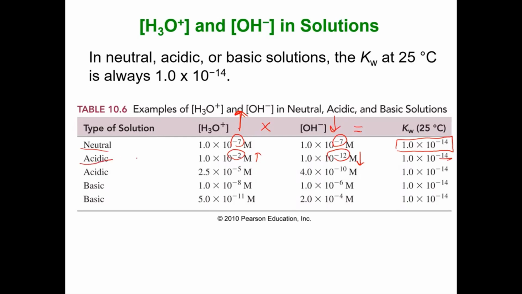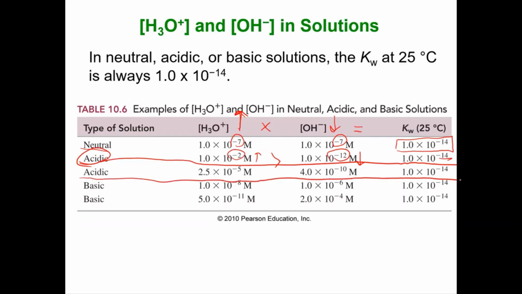And because my hydronium concentration, 1 times 10 to the minus 2, is bigger than 1 times 10 to the minus 12, and I have more hydronium ions, this solution is acidic. And if I was to add base, so let's look at this particular example.